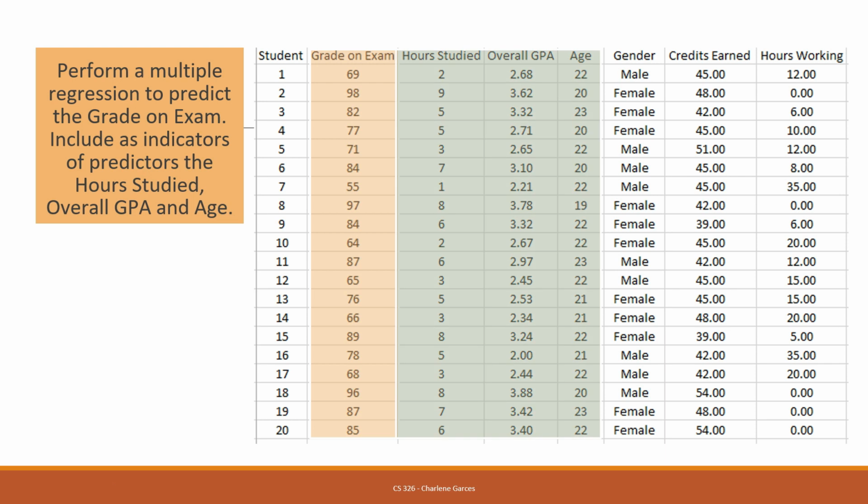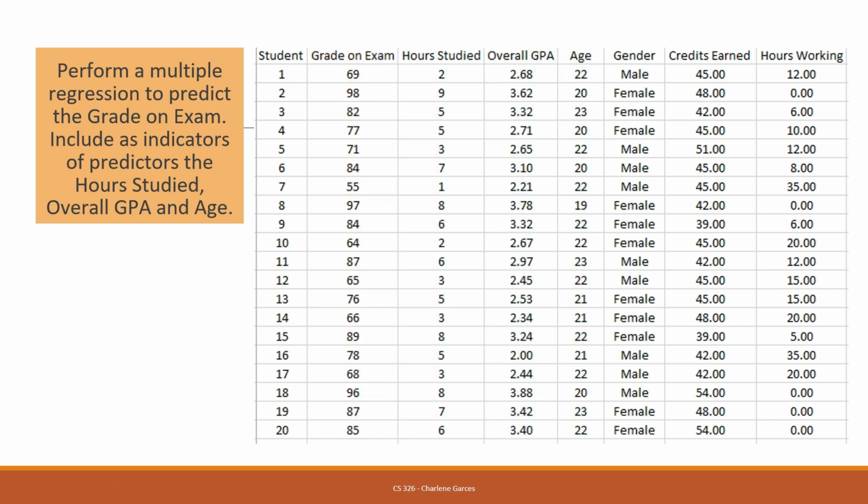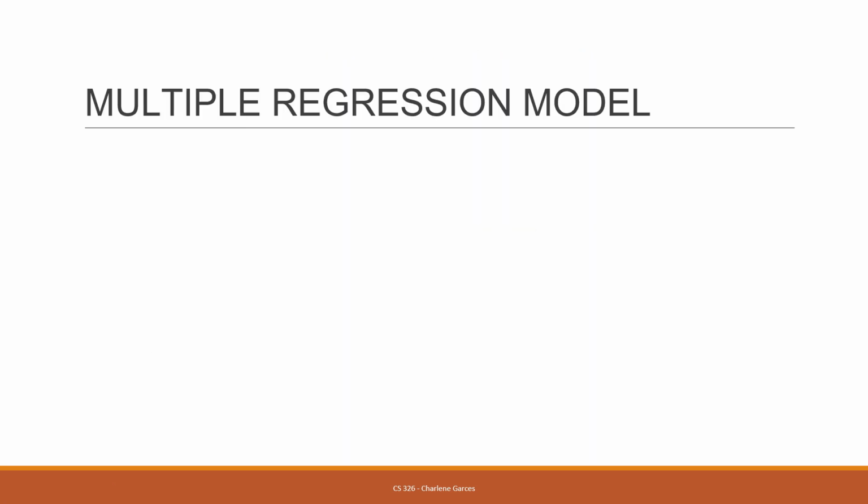if you have Microsoft Excel at home. So again, Y is the dependent variable, the grade on the exam, while the hours studied, the overall GPA, and the age are the X1, X2, X3, which will be inputted in our multiple regression model.